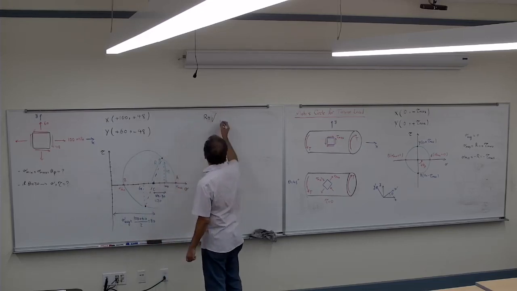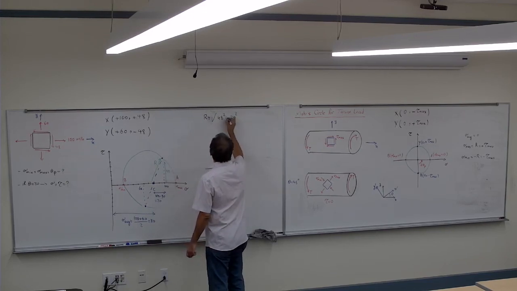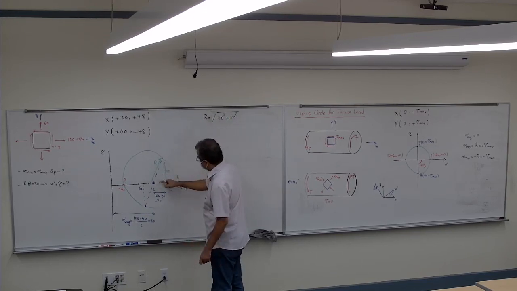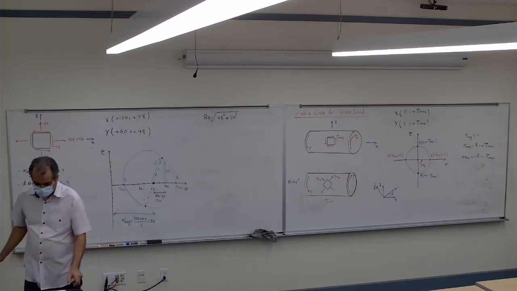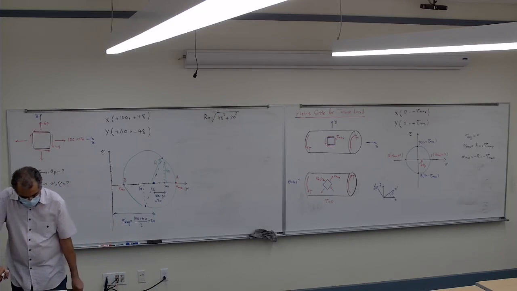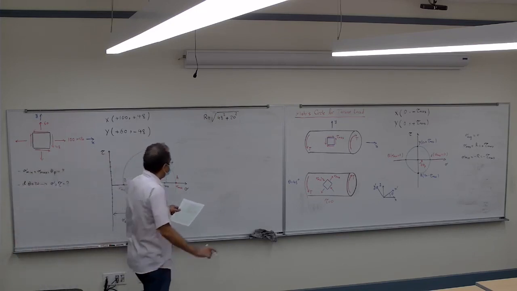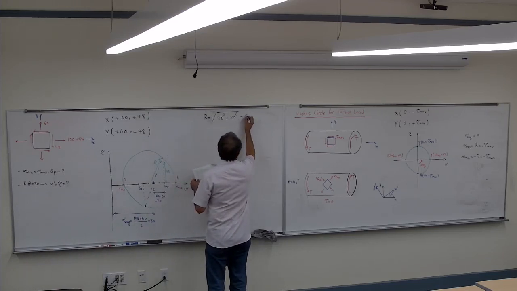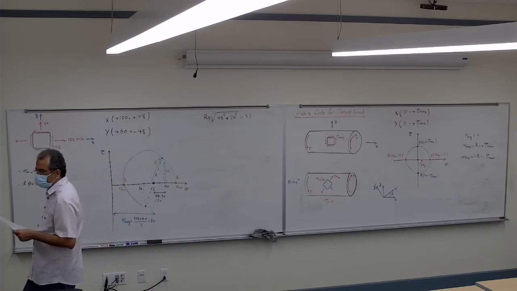It's the square root of 48 squared plus 20 squared, in this triangle where I have the height and the width. If I do that, the R should come up at 52, correct? So it's going to be 52. Now that I have the R, what would be sigma max?